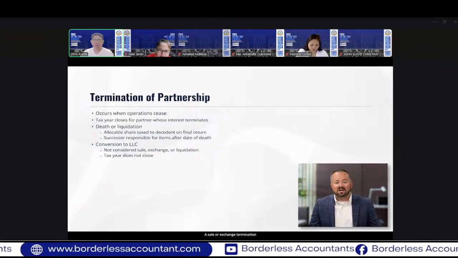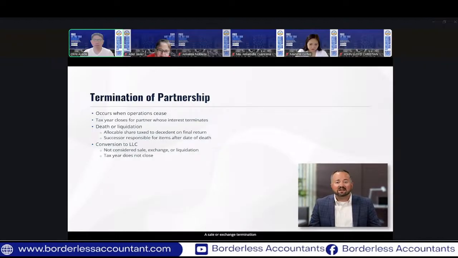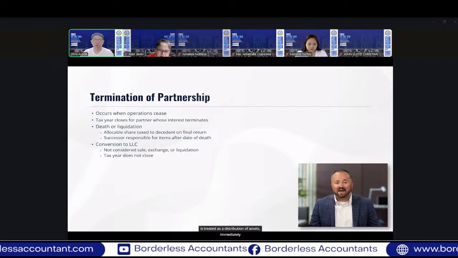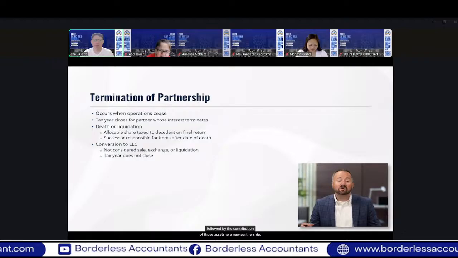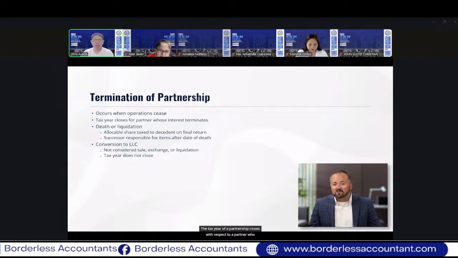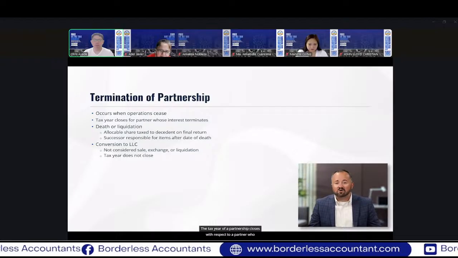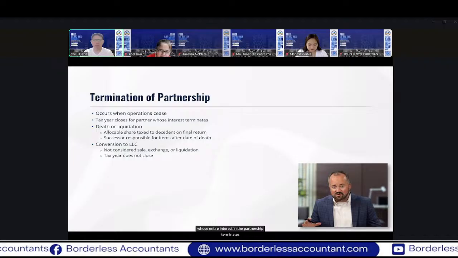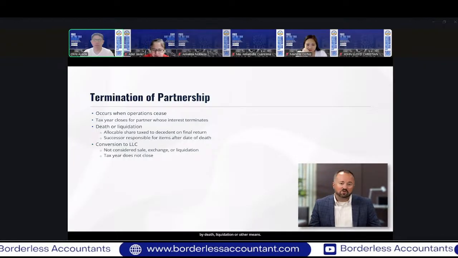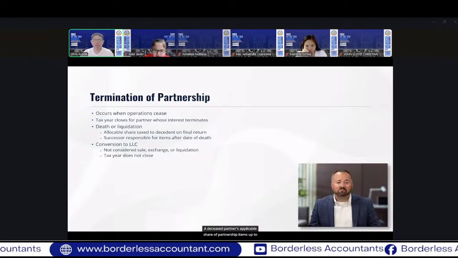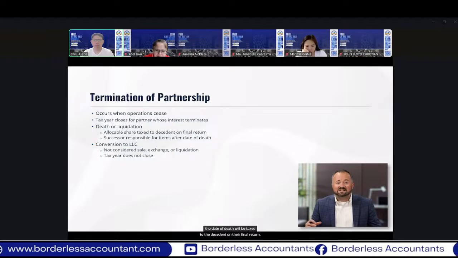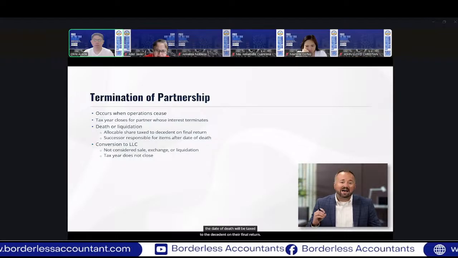A sale or exchange termination is treated as a distribution of assets immediately followed by the contribution of those assets to a new partnership. The tax year of a partnership closes with respect to a partner whose entire interest in the partnership terminates by death, liquidation, or other means. A deceased partner's allocable share of partnership items up to the date of death will be taxed to the decedent on their final return.